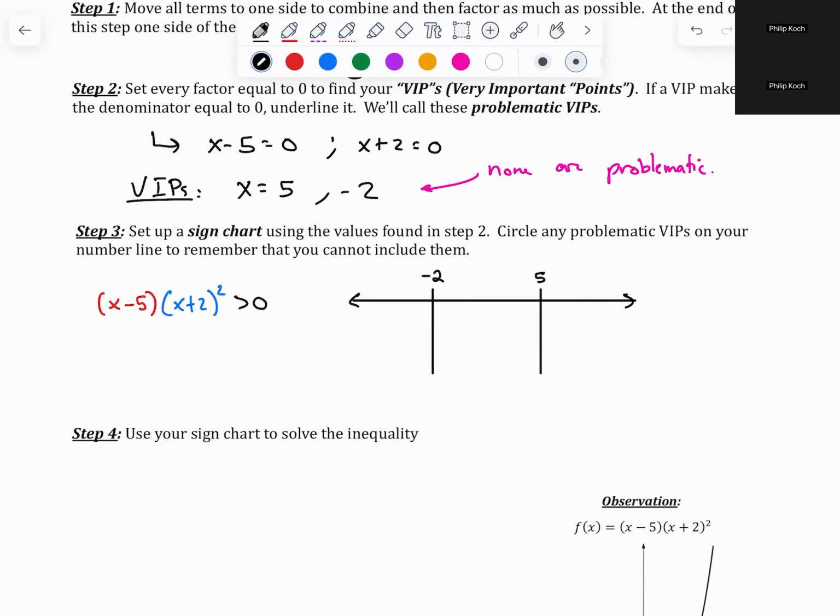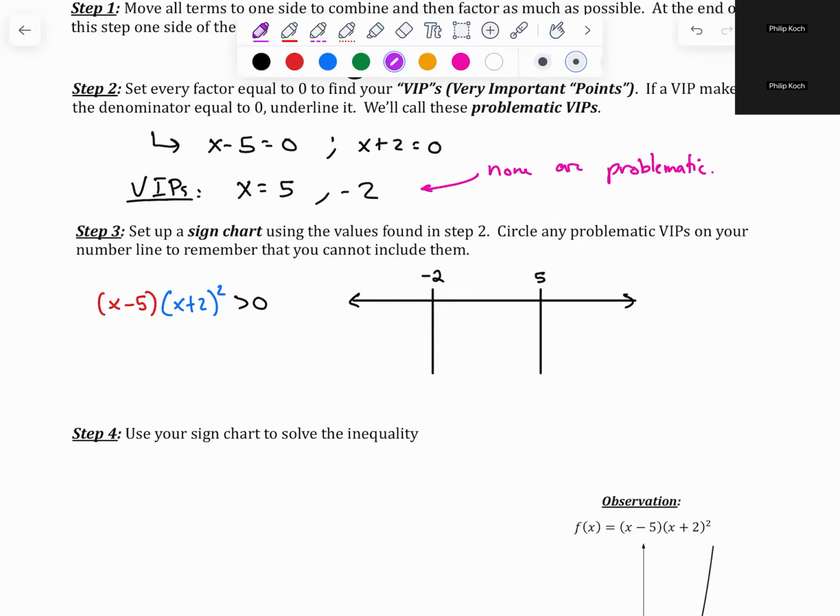So really, at the end of the day, I could plug in a test value. And what I'm going to do, sorry, I'm getting ahead of myself. These 2 vertical lines have divided the number line into 3 segments. There's the negative infinity to negative 2 piece, the negative 2 to 5 piece, and the 5 to positive infinity piece. I want you to pick any random number that you want inside each of those segments.